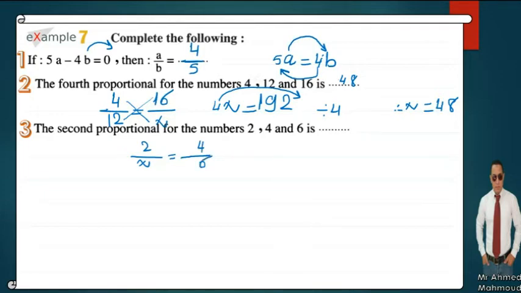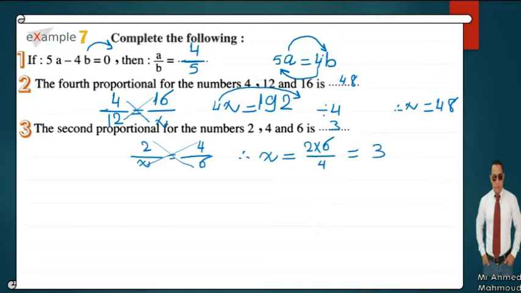I can make it by this cross multiplication like this, x times 4 equals 2 times 6, or I can make it another way, x equals 2 times 6 over 4. Then 12 over 4 equals 3.